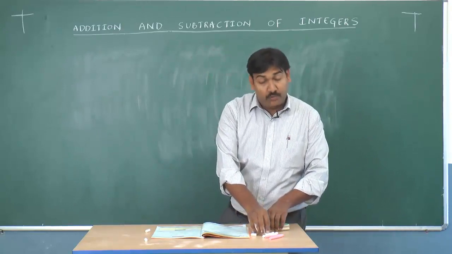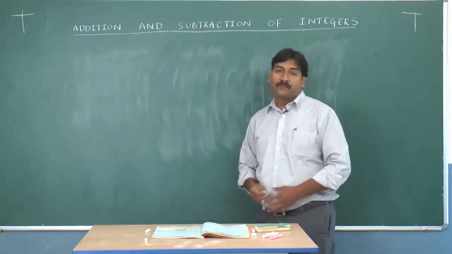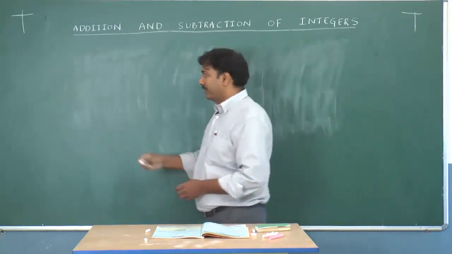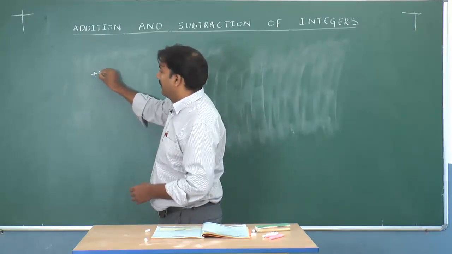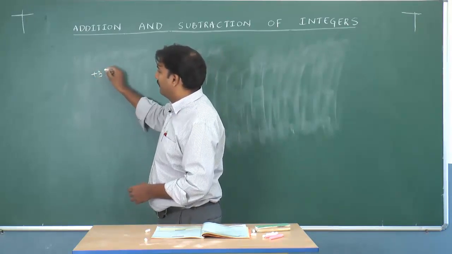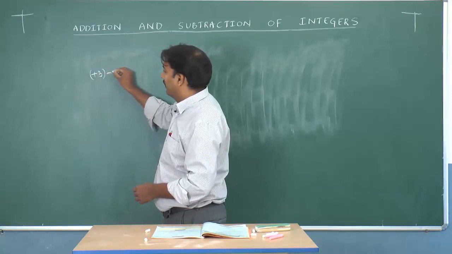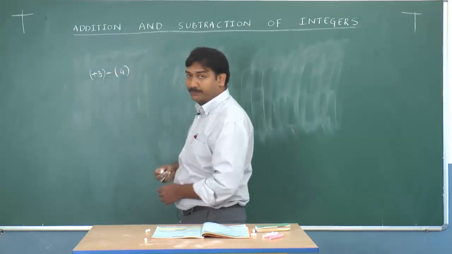The subtraction of two integers is similar to the addition of two integers. Here, let me take an example. If you want to subtract plus 3 and minus 4.